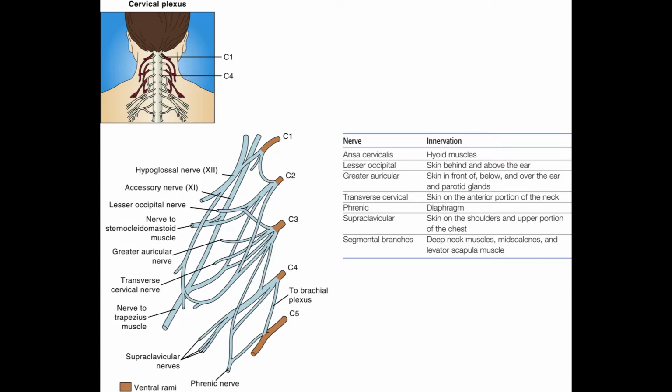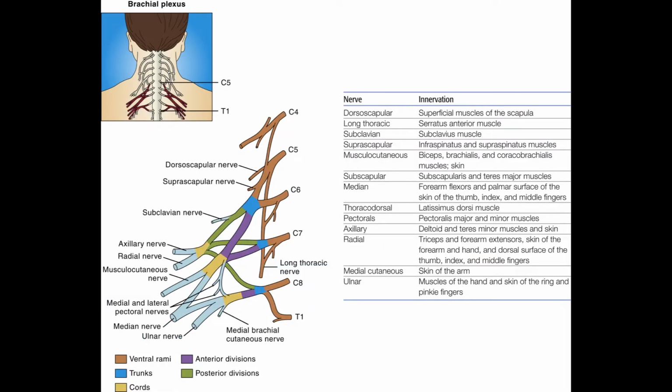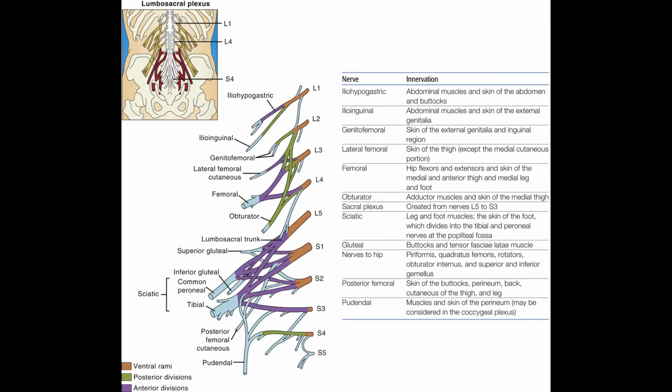The 4 major plexuses are the cervical, brachial, lumbar, and sacral plexus. The thoracic nerves are the motor nerves to the intercostal muscles and sensory nerves from the skin of the thorax. So they're all spread out over your chest region, in between your ribs and those intercostal muscles, and throughout the entire thorax.